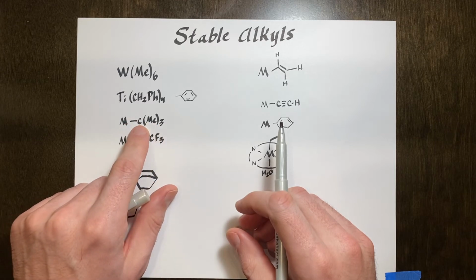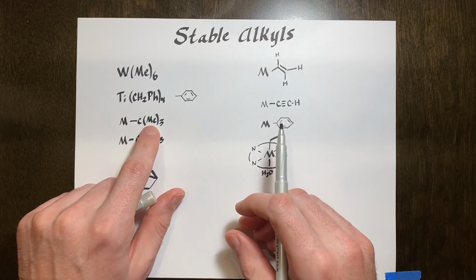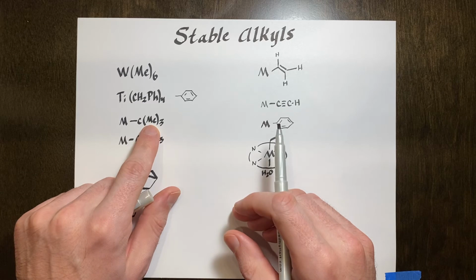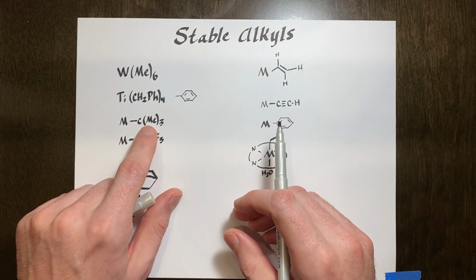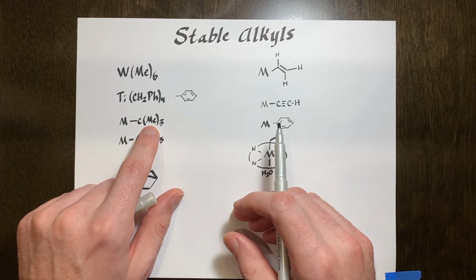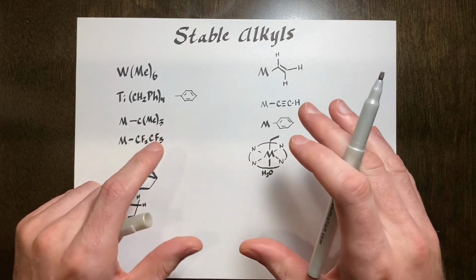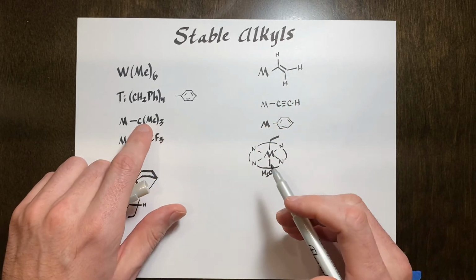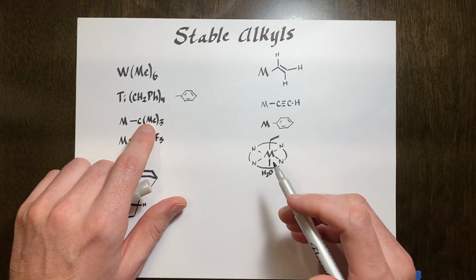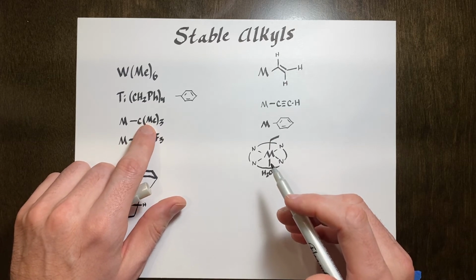Similar case here. Well, this one does have beta hydrogens, but it's difficult to align this in a coplanar, in that correct orientation for it to react, just because of the steric bulk of this group.